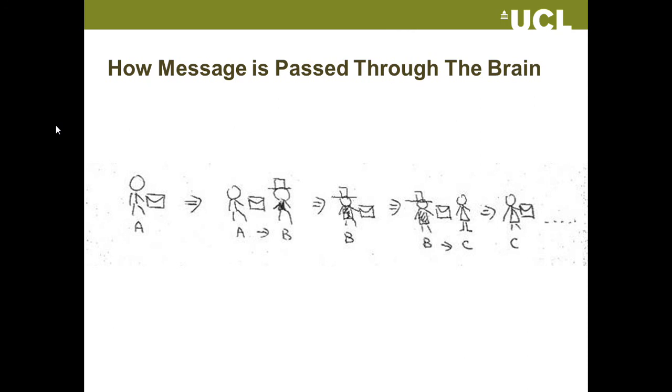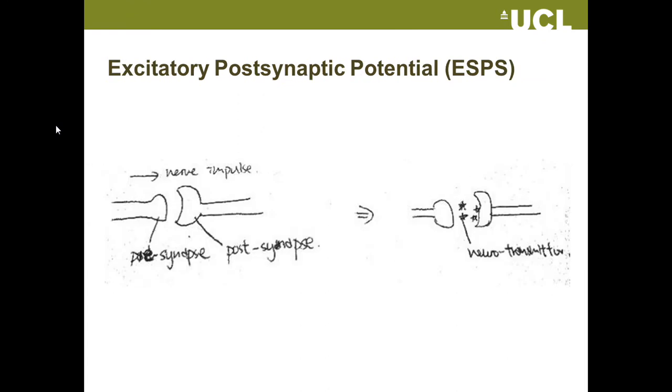Secret agent A passes a message to B, and B passes a message to C, and C passes the same message to D, and so on. Imagine this message is the action potential, and those secret agents are neurons. What we want to know is how they hand over the message.